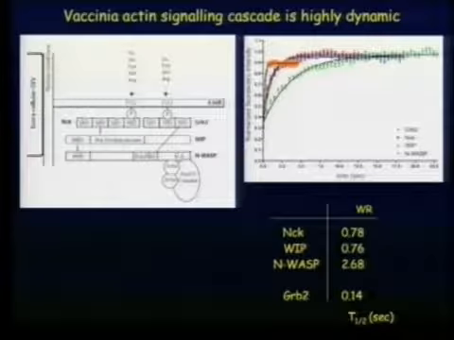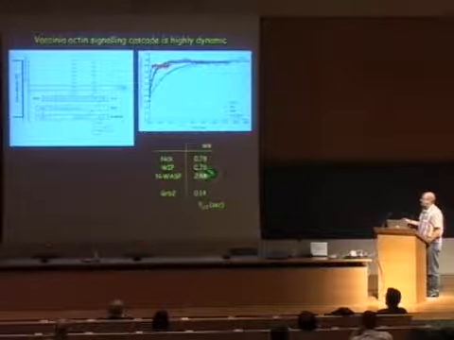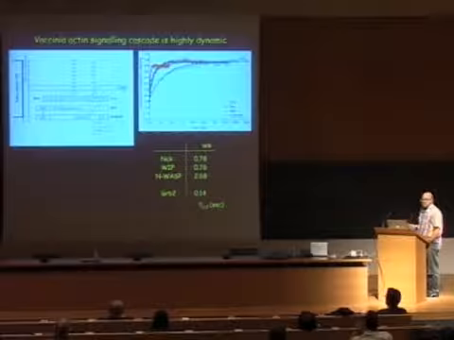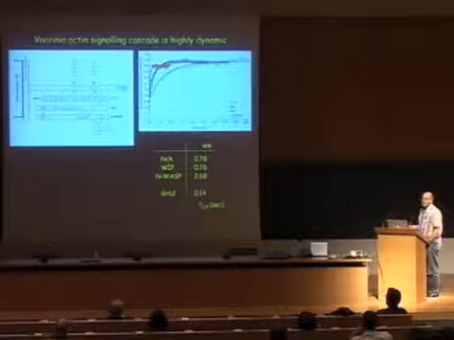And if you look at the half-lives, what you see is Nck and WIP are turning over about 800 milliseconds. N-WASP, which is the downstream factor, is turning over about 2.5, 3 times slower. Grb2, which comes in here, is turning over at the limits we can measure on our microscope, 140 milliseconds.